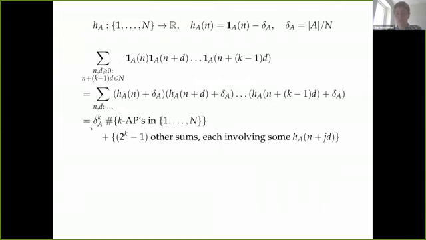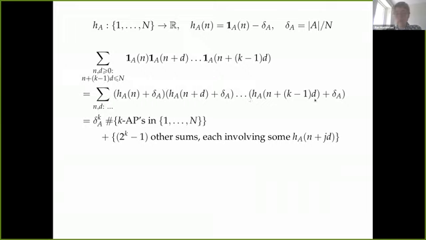And that contribution gives you the density to the kth power times, when you look at what the sum counts, the number of k-term progressions inside the set of integers up to n. And this first term here is what was meant by the expected number of k-term arithmetic progressions.